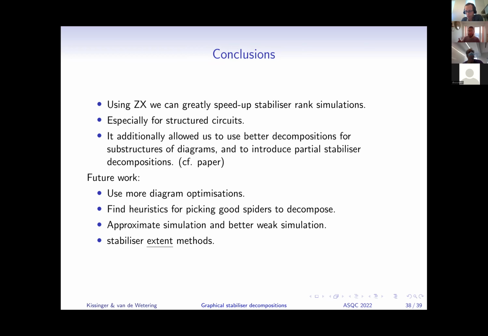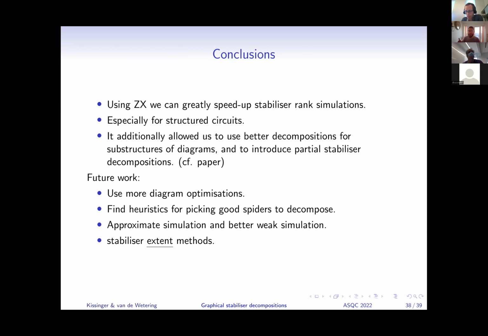So finding heuristics for picking good places to do the decomposition. This is also related to tensor network techniques, where you try to pick thin places in your tensor network to break it apart. If we can find weak points with T-gates to do the decompositions there, I think we can get some benefit. Also doing other kinds of more elaborate things like approximate simulations, weak simulations.